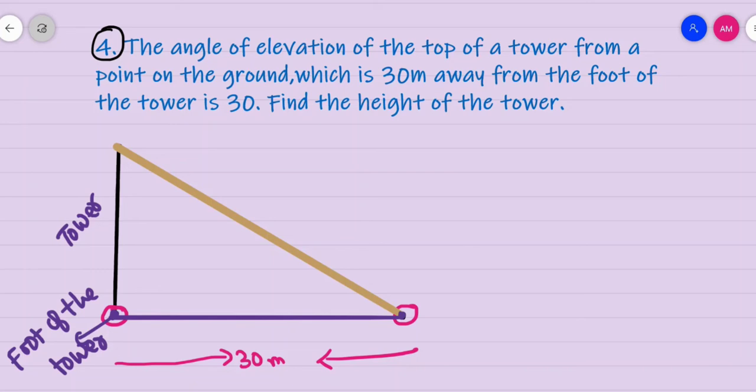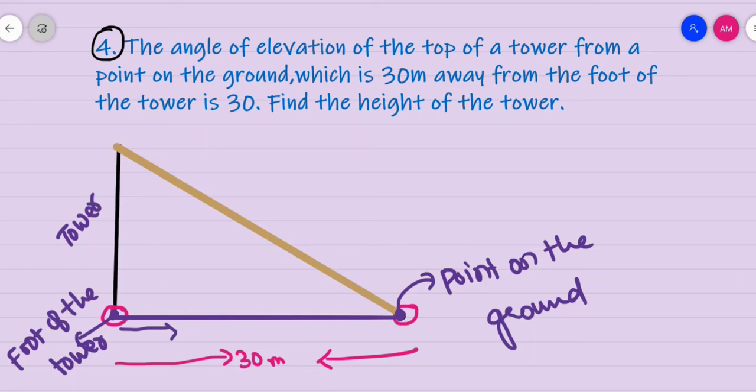The angle of elevation of the top of a tower from a point on the ground. This is the point on the ground, and from the foot to this point is 30 meters, and this line is the horizontal, perpendicular to the tower.